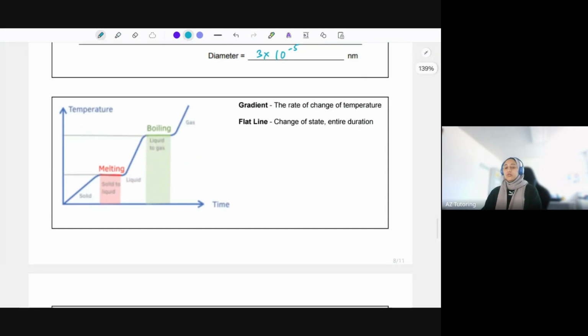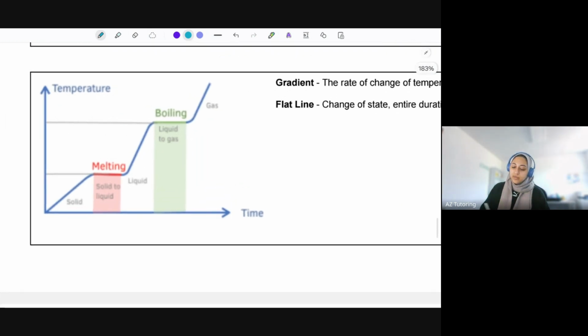Okay, this is another common question as well. So what we've got here is a temperature time graph. Now, what a temperature time graph tells you in terms of states is when the state is changing. So you can see here, they might not give you this full graph. They might just give you part of it. So maybe like this part and just say explain what's happening and so on.